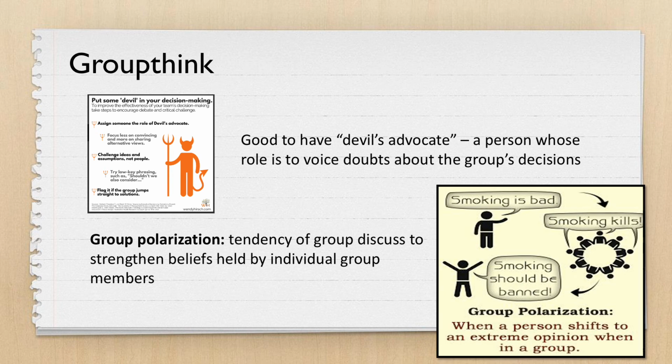And when you discuss with your group members, people say, oh, smoking is bad, smoking kills. And this group discussion just strengthened your previous belief. And now you believe that smoking is bad and should be banned. So group polarization means when a person shifts to an extreme opinion when in a group.